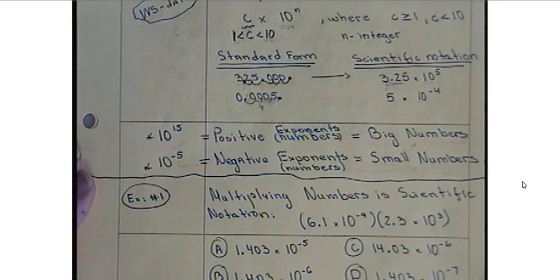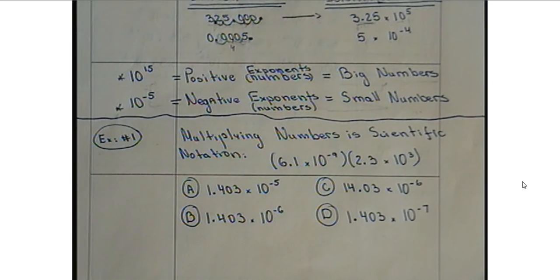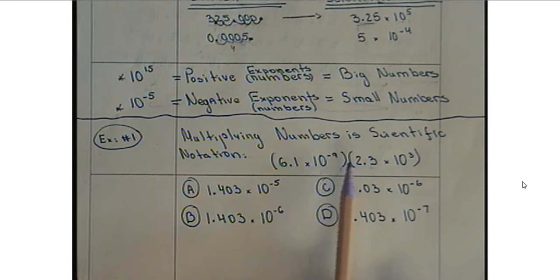Let's take a look at example number 1. Example number 1 says multiplying numbers in scientific notation. We are given the product of two scientific notation forms and then 4 multiple choice answers. You have to find out, when you multiply those, which one of those 4 answers will be the right answer.